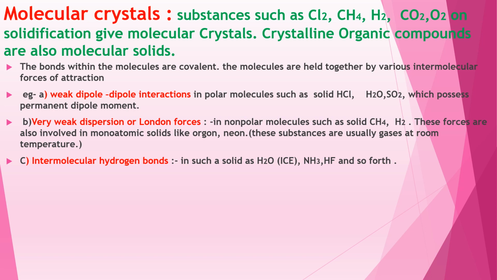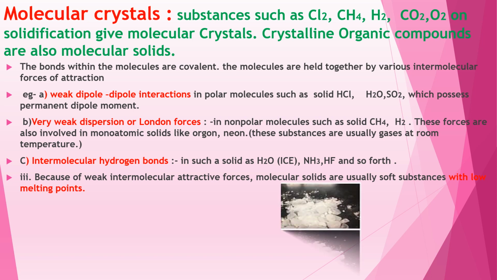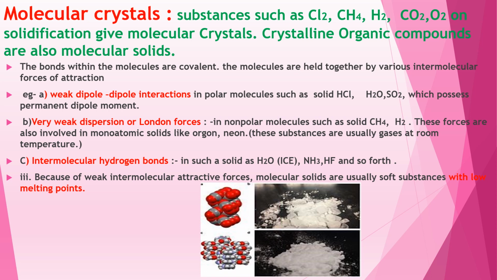That type of different forces of attraction are present. Because of weak intermolecular attractive forces, molecular solids are usually soft substances with low melting points. Simply, this structure will be observed, that is the molecular crystals.